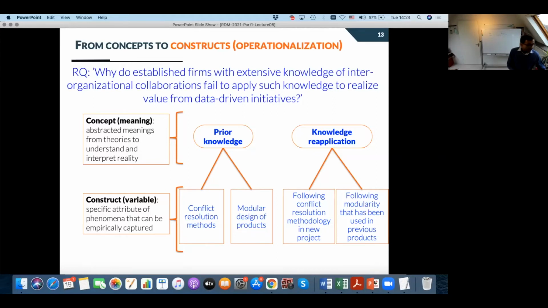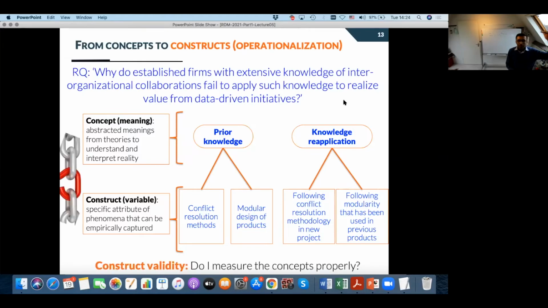What's important is basically this chain, this connection, that what you have as a concept is properly reflected or connected with the construct.